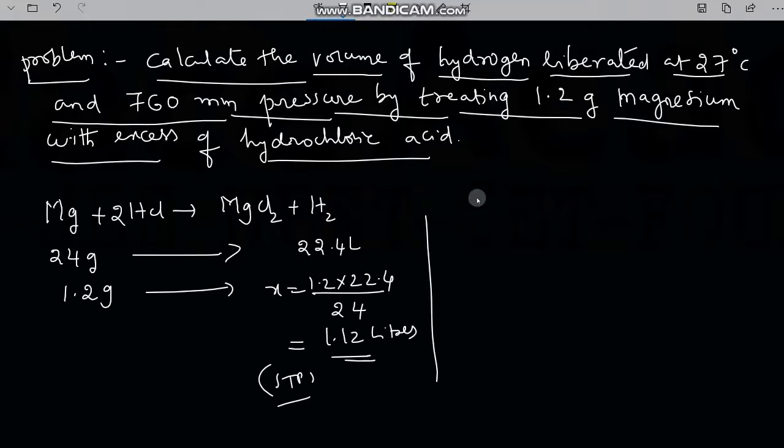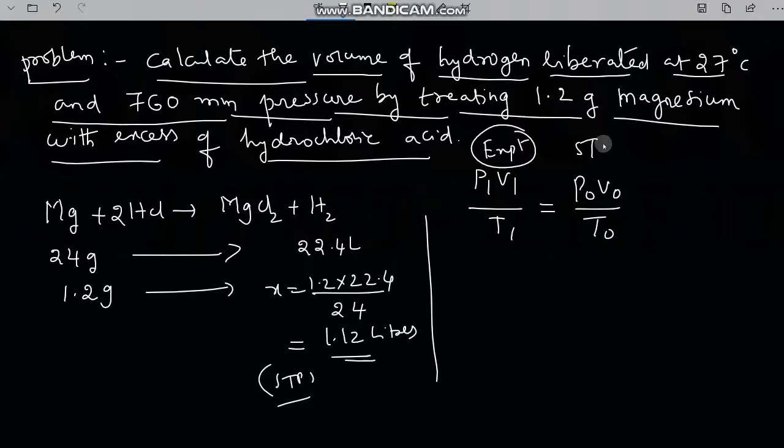But we have to find the volume at 27 degrees temperature. The formula we have is P1 V1 by T1 equals P0 V0 by T0. Here I am considering the first conditions as experimental conditions and the others as STP conditions. We have to find V1. V1 equals P0 V0 by T0 into T1 by P1.